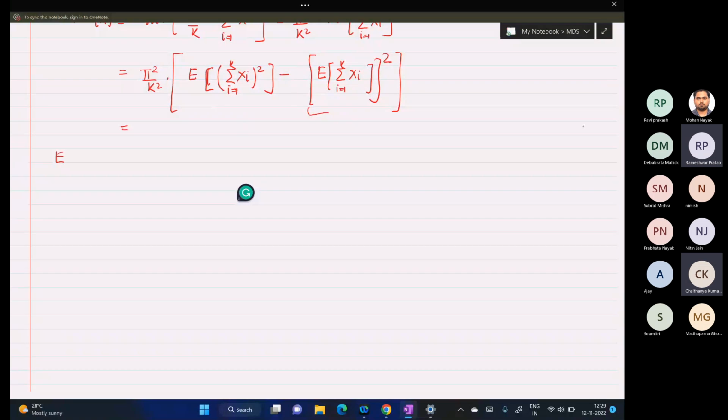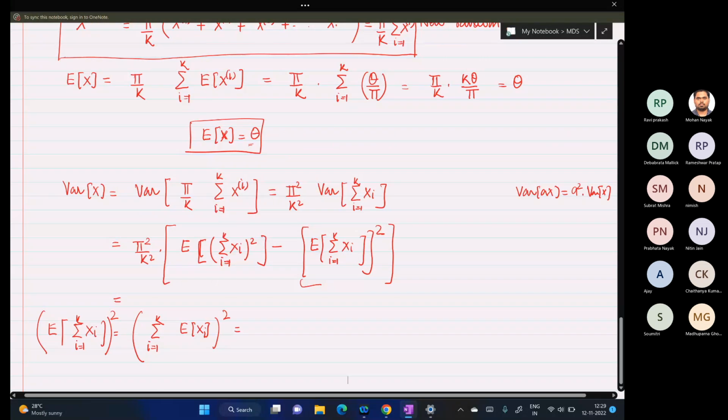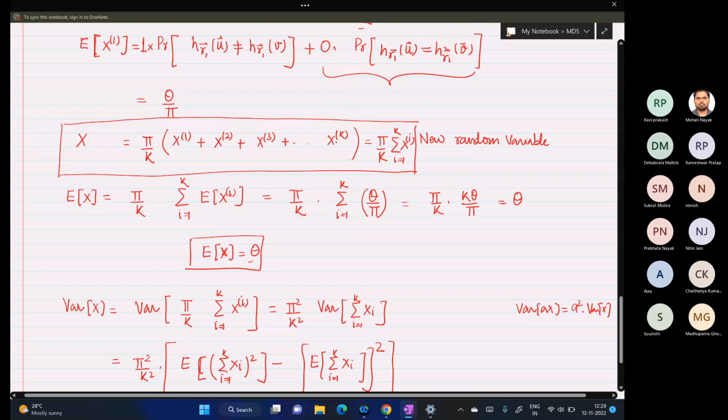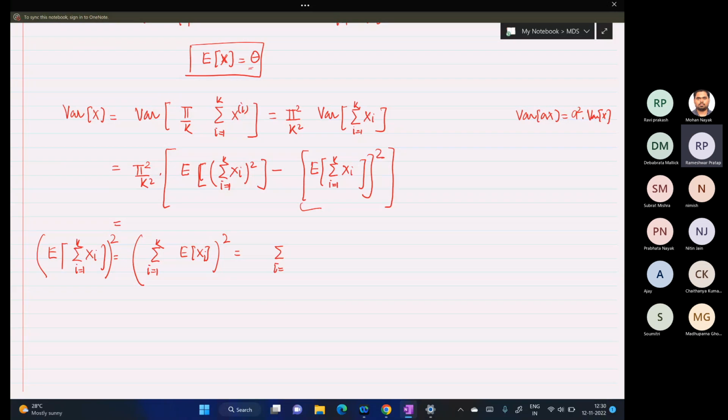Now E of the sum of xi: we are summing it k times, so it will be the sum of E of xi, i from 1 to k, and its square. The expected value of xi is theta by pi, so it is the summation i from 1 to k of theta by pi, whole square.